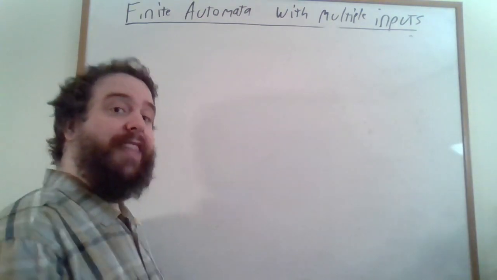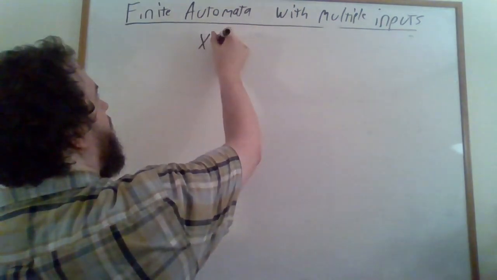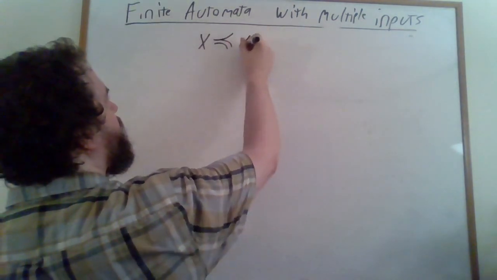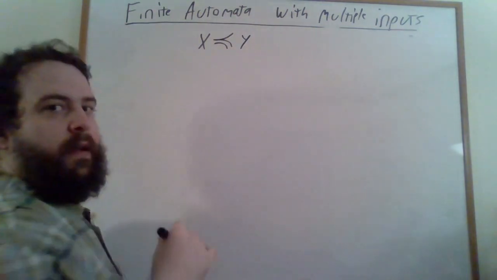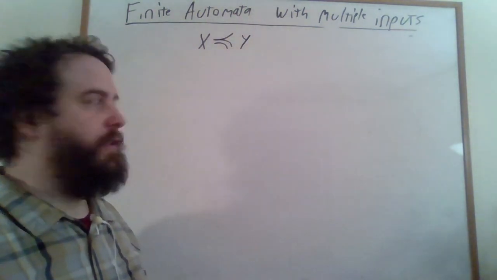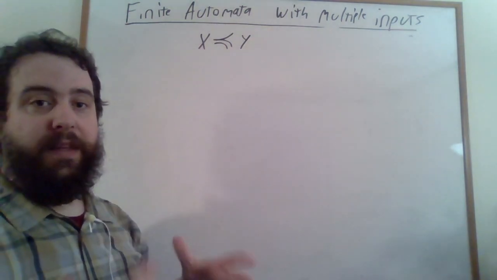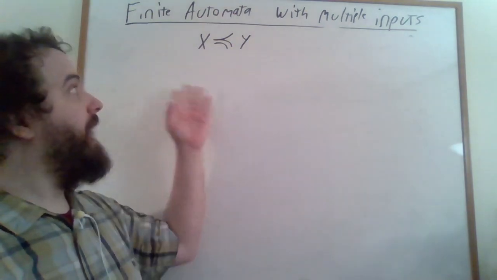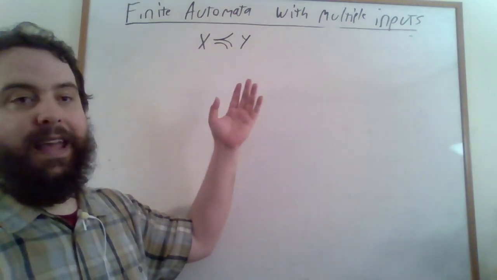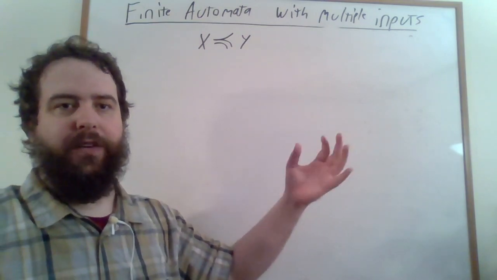Let's take a look at the prefix relation. We say that x and y are words. X is a prefix of y, and we use this kind of curly less than or equal to sign. Notice the equal to, so that x could be equal to y. They could be the same word. We say that x is a prefix of y if y is just x, possibly with some more characters tacked on to the end.